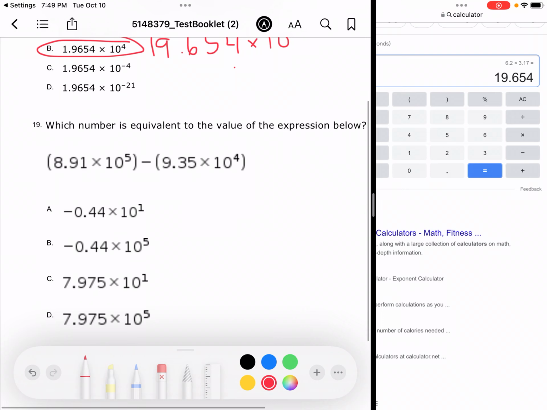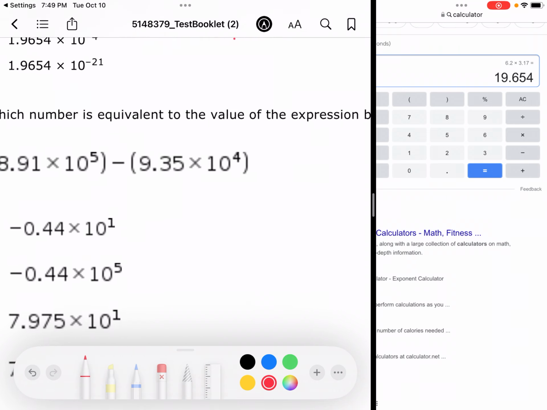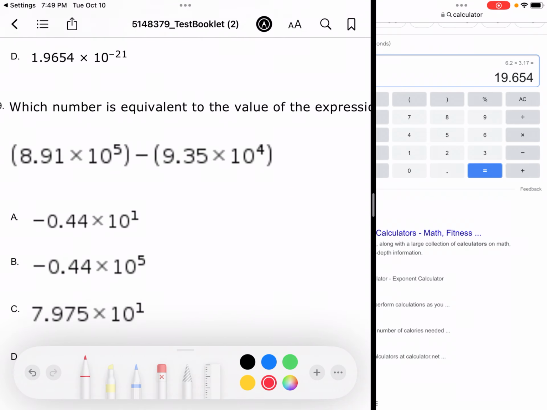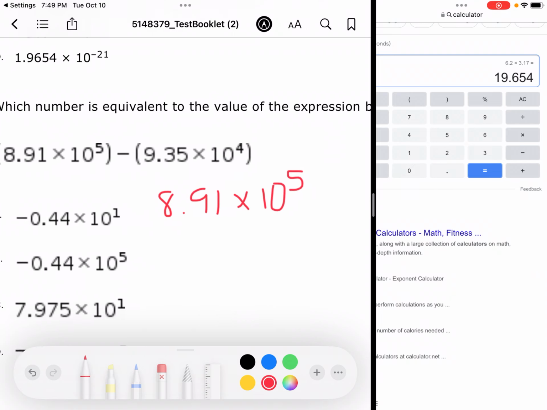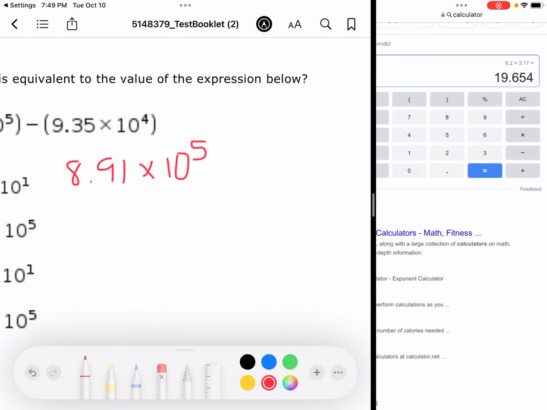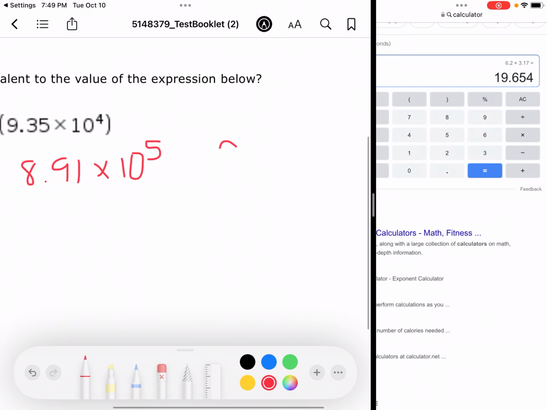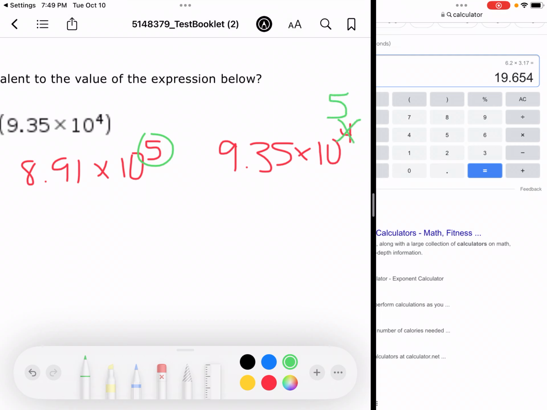All right, for these two, we're going to subtract. Now remember, for this one, you have to have the same exponent. So we're actually going to change this and make it a 5 and move our decimal over 1.